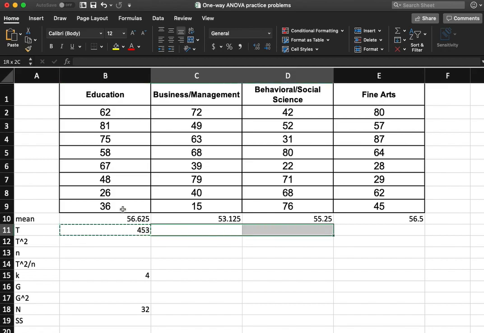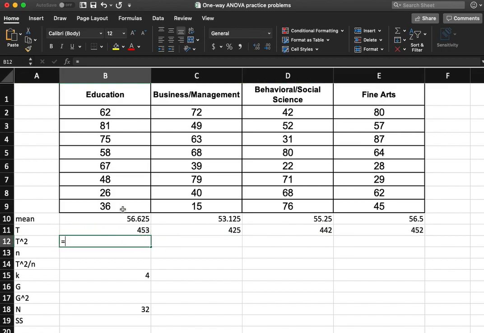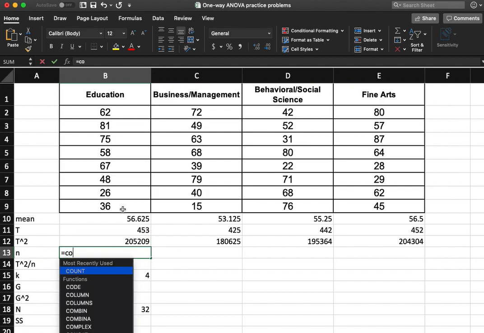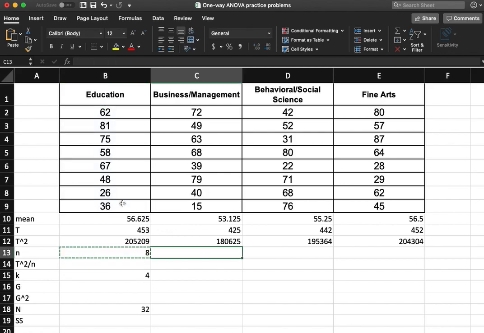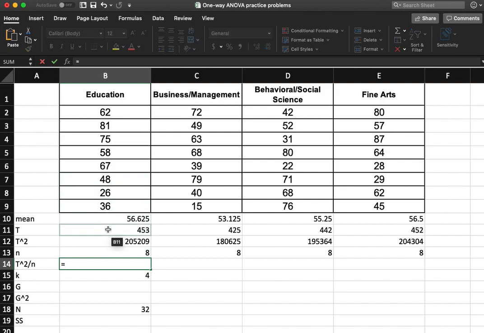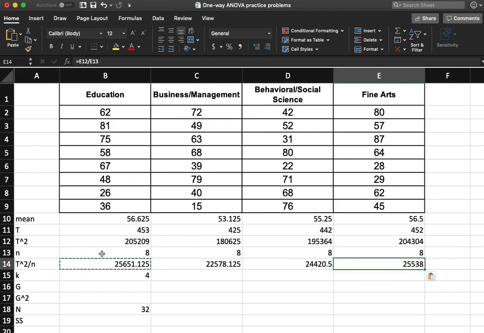We've got T squares, that's T squared for each group. We've got n's, so we're going to count the scores in a group. T is the sum of the scores in a group. N is the count of the scores in a group. 8 in each group. Now we can do T squared divided by little n for each one of our groups.